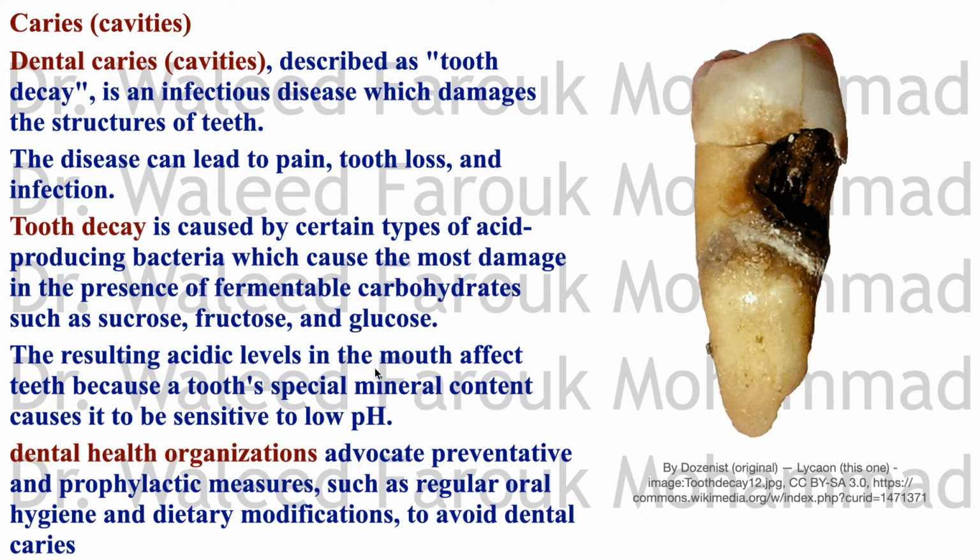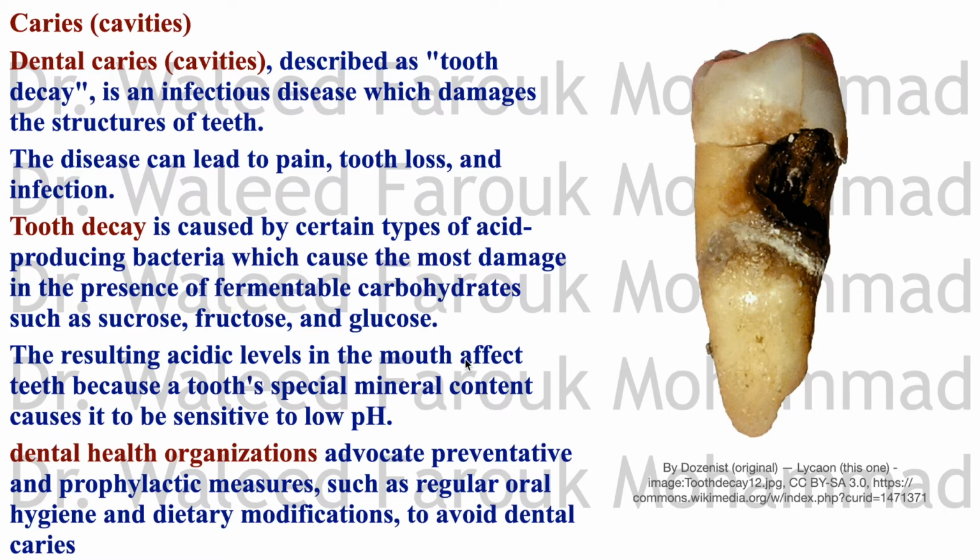Caries, or dental cavities, sometimes called tooth decay, is an infectious disease which damages the structures of the teeth. It leads to pain and, of course, tooth loss and infection. Regarding the etiology, tooth decay is caused by certain types of acid-producing bacteria, as we mentioned before, that survive off the starch and sugars in the mouth.